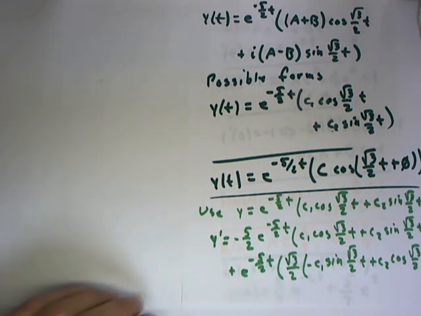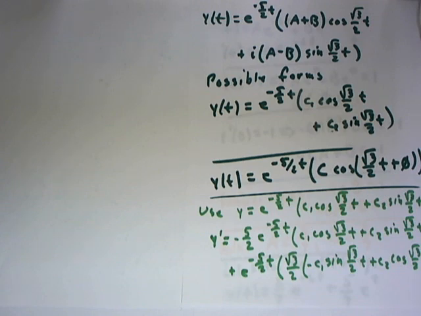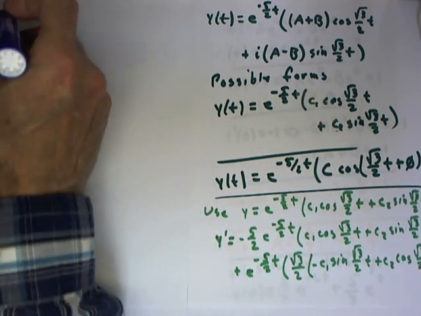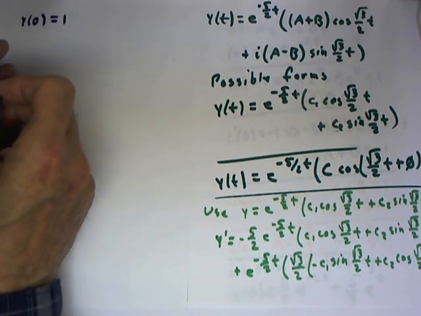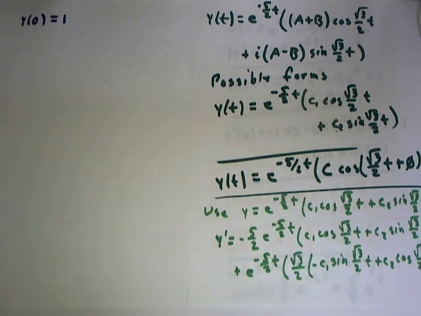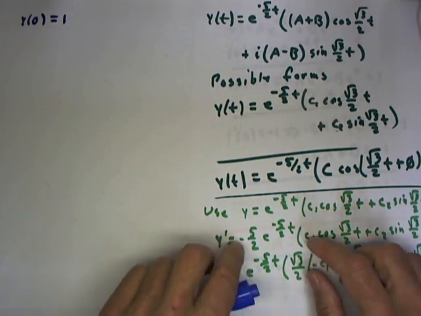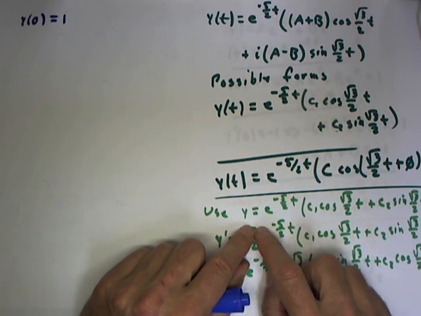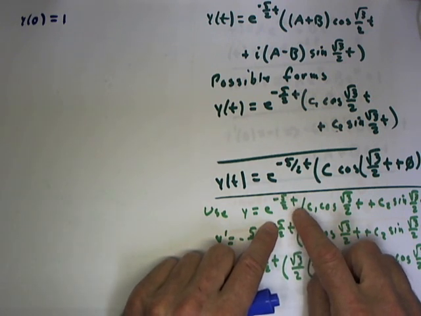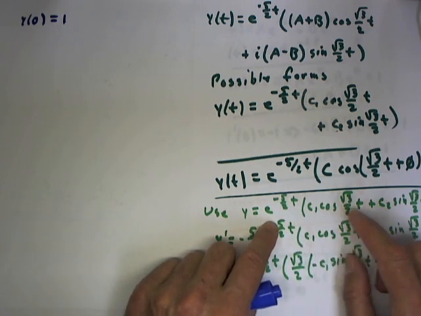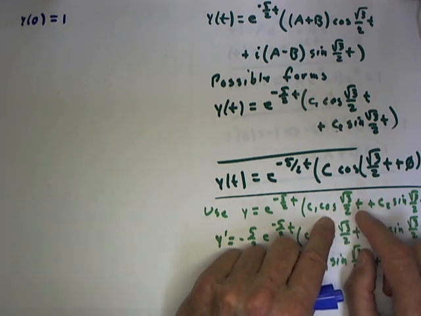Now we're going to apply the initial conditions to this function. The first initial condition is that y of 0 equals 1. Well, we could write out all the terms, but I'm going to skip that, and I'm just going to point. If t is 0, then e to the negative 5/2 t is e to the 0, which is 1. The cosine of square root of 3 over 2 t is the cosine of 0, that's 1.